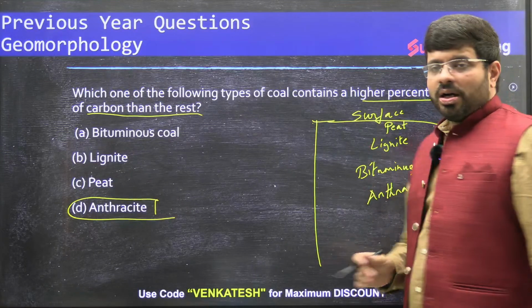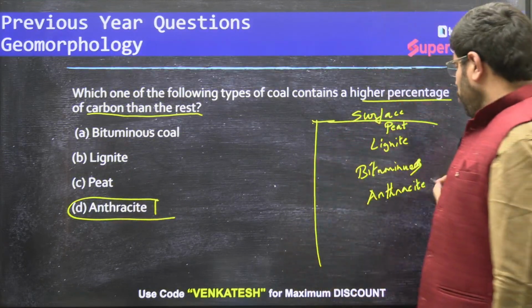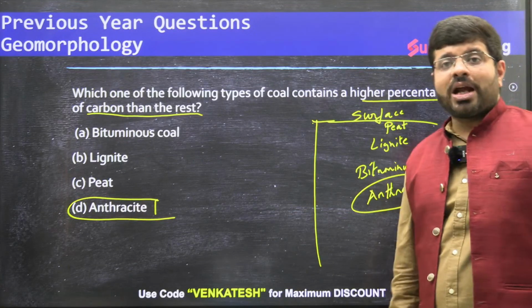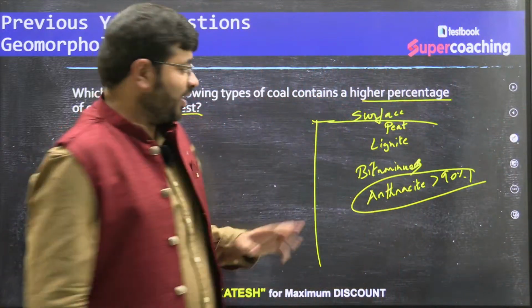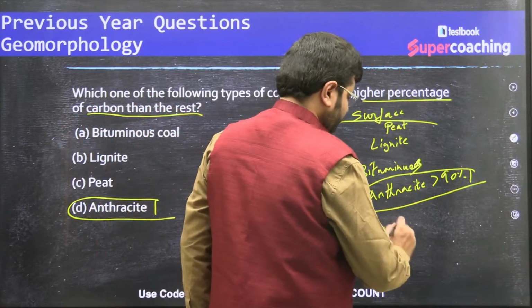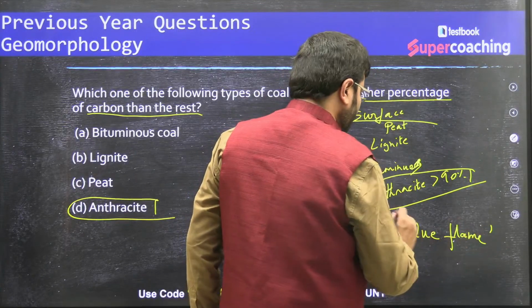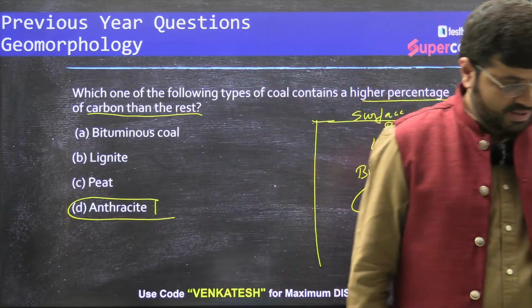So, it is the last layer where you find more carbon content, almost more than 90%. Even when you start burning anthracite, you will find the blue flame. That is also one of the indicator. Blue flame, which talks about the purity of carbon content. Yes, this is very easy.